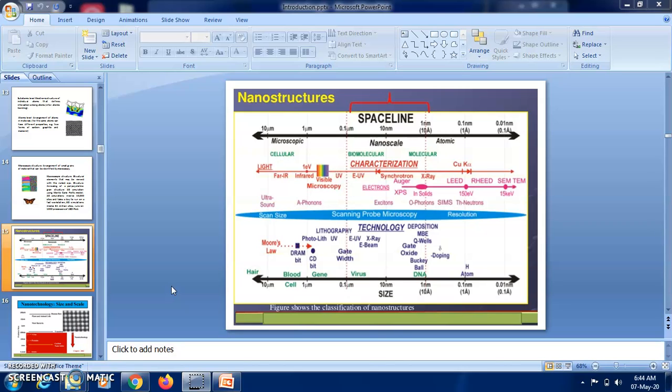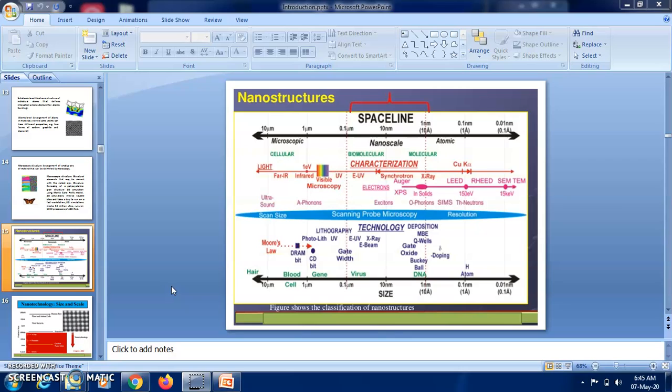After that, once again this shows the size of various materials as well as the nanostructures. You can see 0.1 nanometer is an atom. After that, 1 nanometer is the DNA or buckyball. Then up to 0.1 micrometer is a virus.